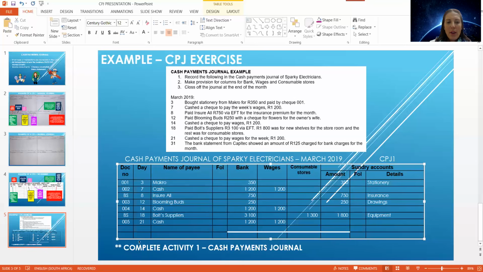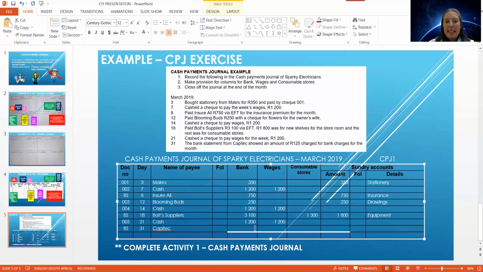Last one, on the 31st, the bank statement. So it's again our BS for the document. On the 31st, Capitec showed that an amount of 125 Rand was charged for bank charges. So whom did we pay? They actually just took it. That's Capitec, the bank that this business is banking with.